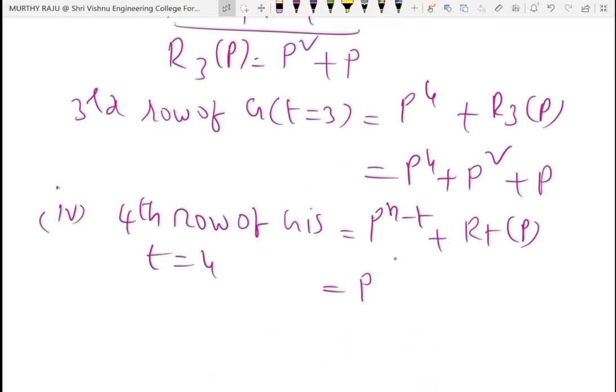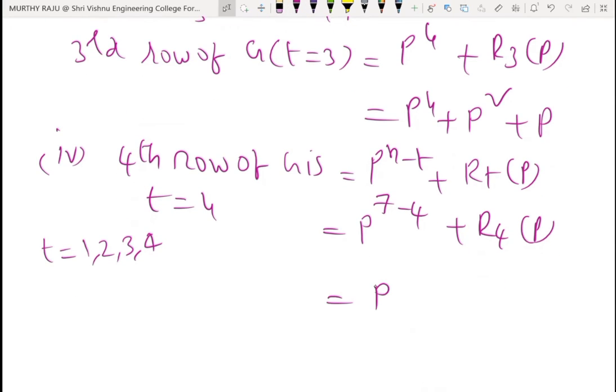Generally the t value is based on the k value, 1, 2, 3 up to 4 only, because the generator matrix has k rows and n columns. N means 7 columns in the 7,4 cyclic code. So n minus t, 7 minus 4, is 3: p cube plus R4 of p.